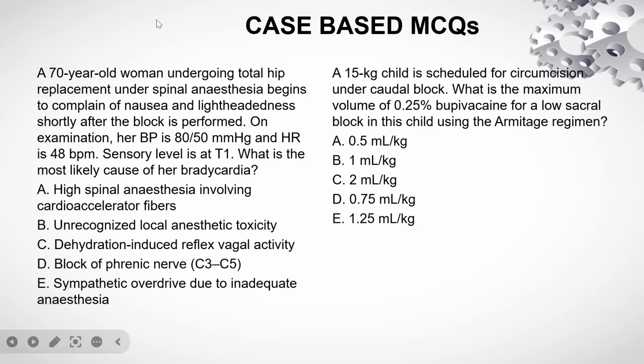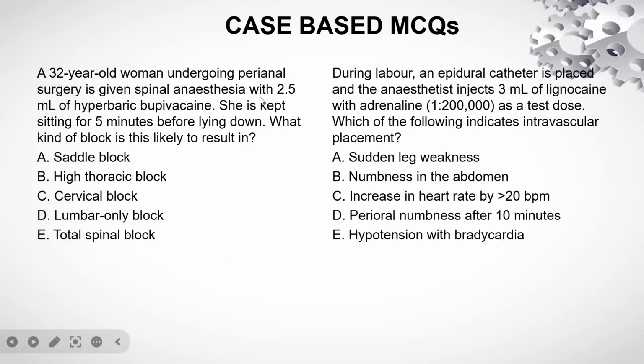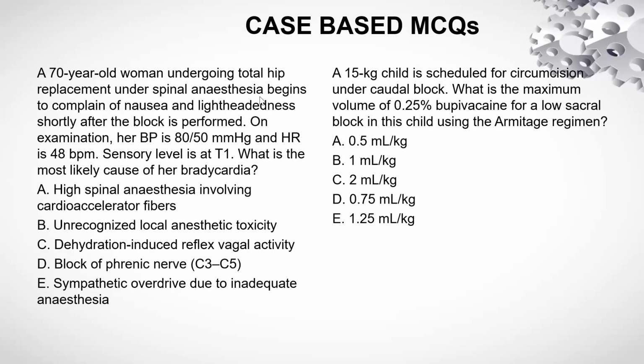Anyone? Anybody? A, 0.5 mils per kg. Okay, A is correct. I hope we know how to get A. We'll see other answers as we go on.